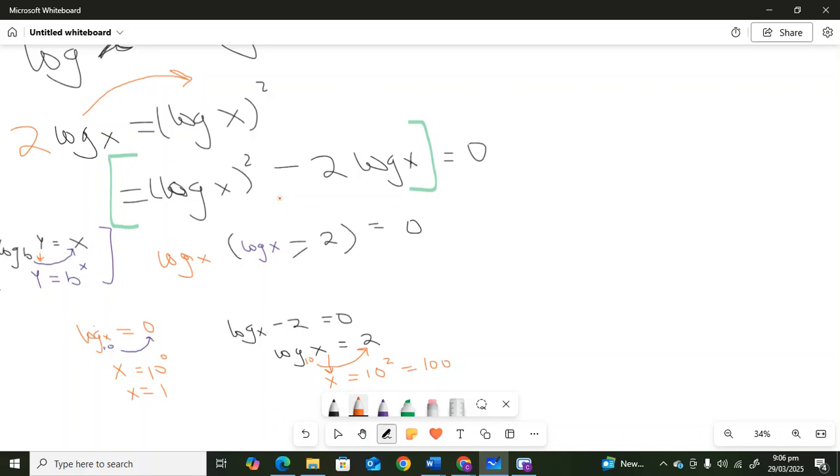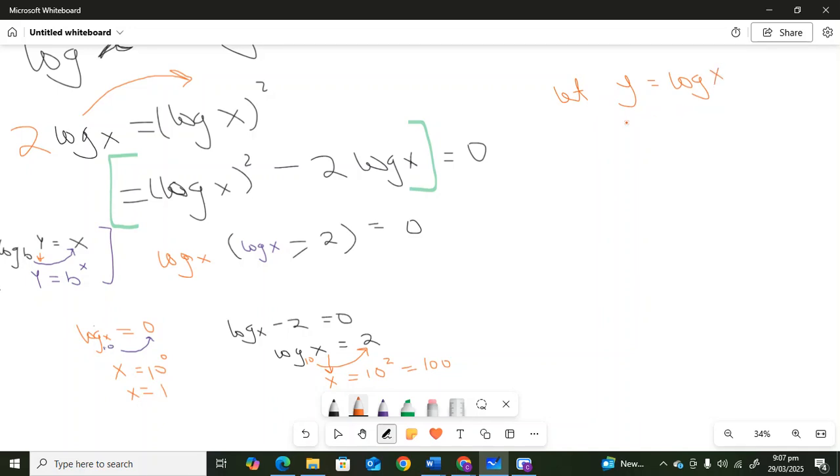Since we've seen that log x is common here, we can pick a variable. You can say let y equal log x.